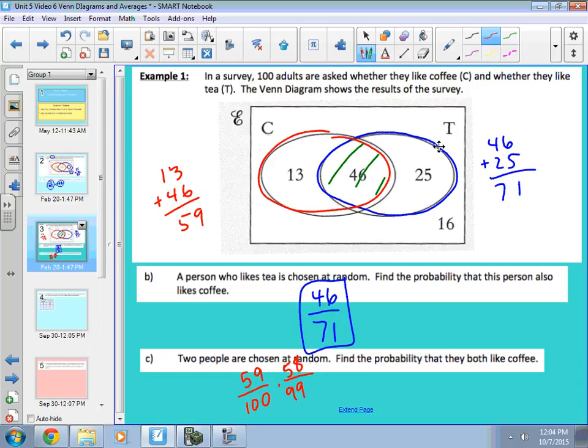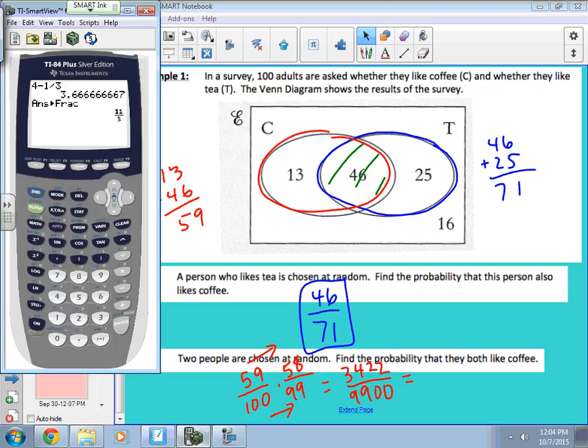So remember, when you're multiplying fractions, multiply the denominators, multiply the numerators, and see what you get. On this one, if you multiply that out, you get 3,422 people out of 9900. And if you simplify that, that does simplify as a fraction. Remember, you can do that on your calculator by typing in those two numbers.